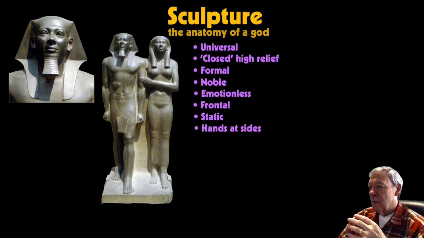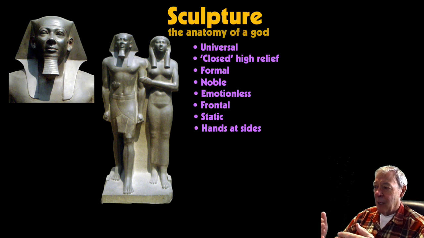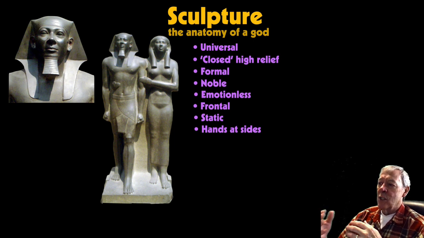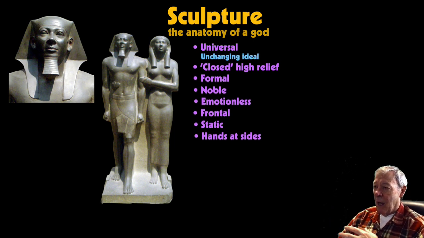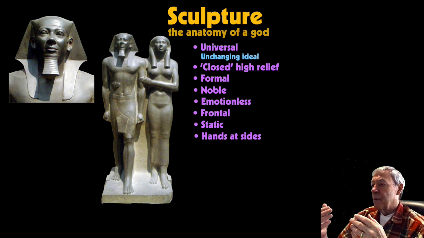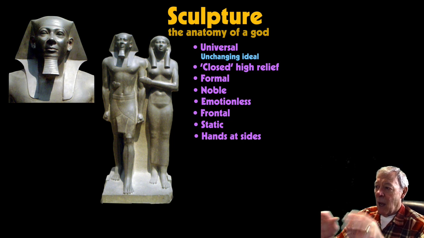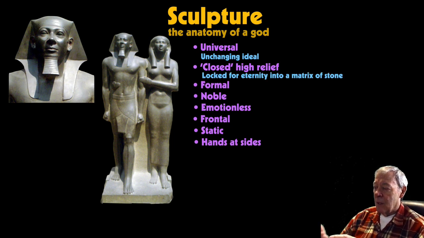So the reasons for these, the rationale, the universality, of course, as we've talked about several times, represents the unchanging ideal of the eternities, and in the case of a pharaoh, of a god on earth. The closed high relief, that basically represents the fact that they're locked into eternity, into this matrix of stone.